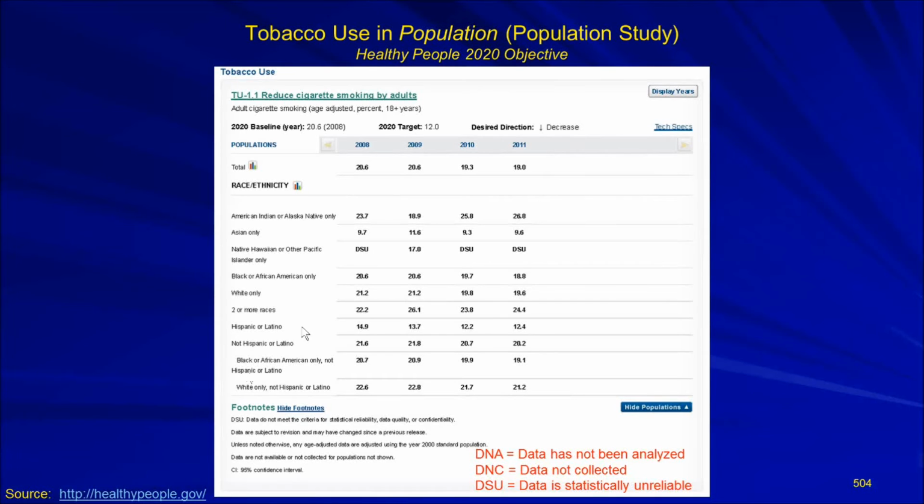Now, if we look at population statistics, which I think is pretty interesting in terms of the percentage of people who smoke and whether it's changed a lot over the years, you can see that the percentage who smoke in the total population is 20.6 in 2008, 20.6 in 2009, 19.3 in 2010, and 19 even in 2011.